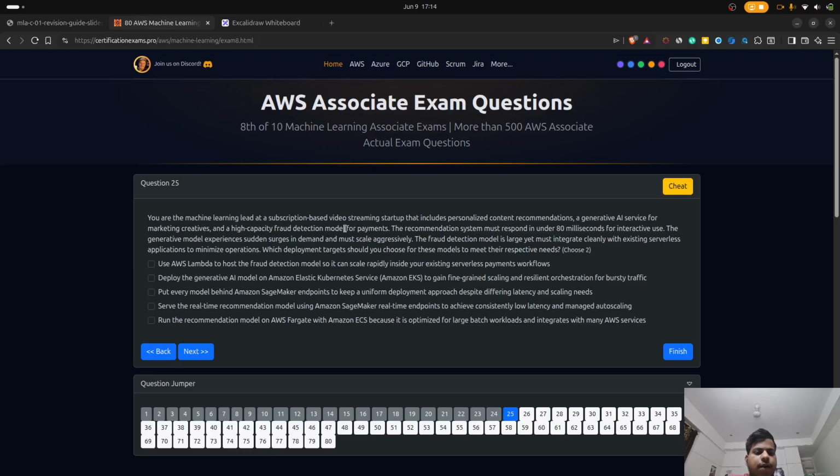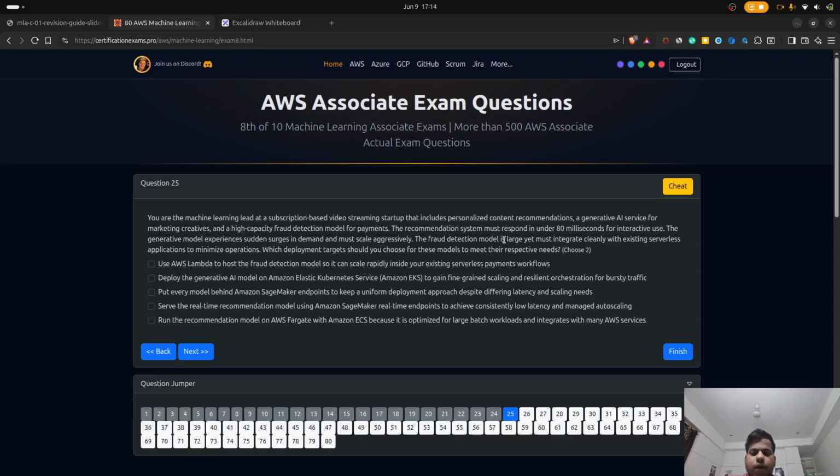You are the machine learning lead at a subscription-based video streaming startup that includes personalized content recommendation, a generative AI service for marketing creative, and a high-capacity fraud detection model for payments. The recommendation system must respond in 80 milliseconds for interactive use. The generative model experiences sudden surges in demand and must scale aggressively.